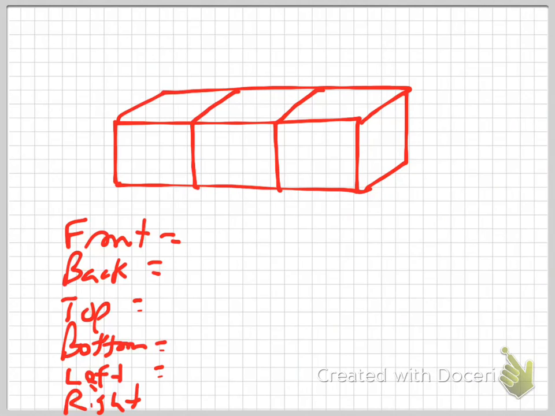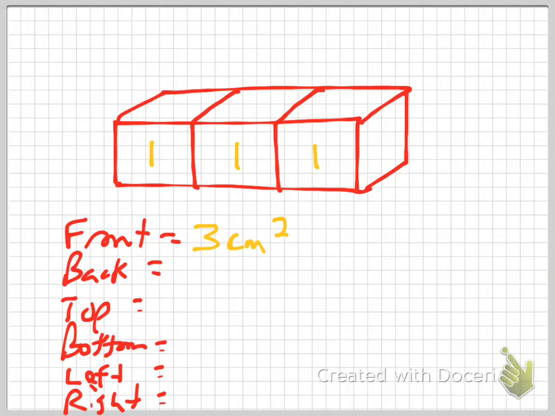Of course there's a back. But the back of the whole thing. Right? Look. What is the front? Let's do the front. I'll do it in gold here. Here's one, here's one, here's one. Yes? So the front is how many? 3. The front is 3 squared centimeters.